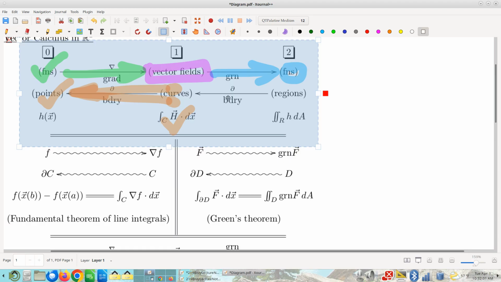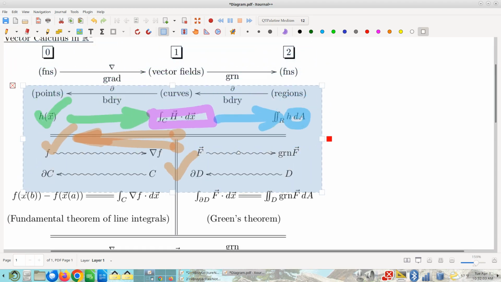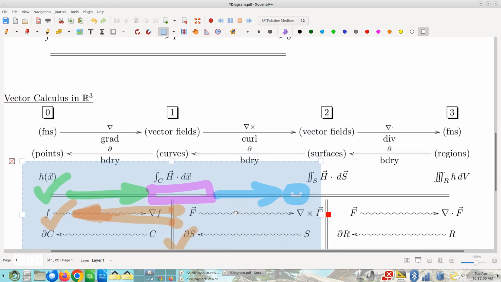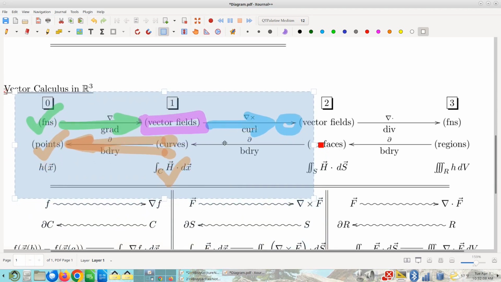Hopefully no surprise. Something totally analogous happens in 3 dimensions. Now it's 3-dimensional curl instead of 2-dimensional curl, but path independence is basically the same idea, and being a gradient is basically the same idea, right? So, okay, fine. So maybe not that surprising that it looks exactly the same in 3 dimensions, but here's the weird one.